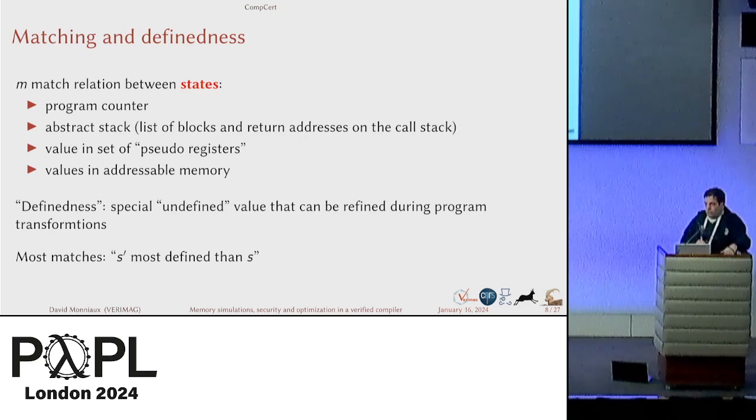For instance, if you have an operation like division by 0 that you would define to yield an undefined value when you divide by 0, you would be allowed to replace that by, I don't know, 0 or 1, because on your favorite processor, the division instruction outputs 0 or 1 or whatever in the register as the result of the division. If your divisor is 0, you would be allowed to do that.